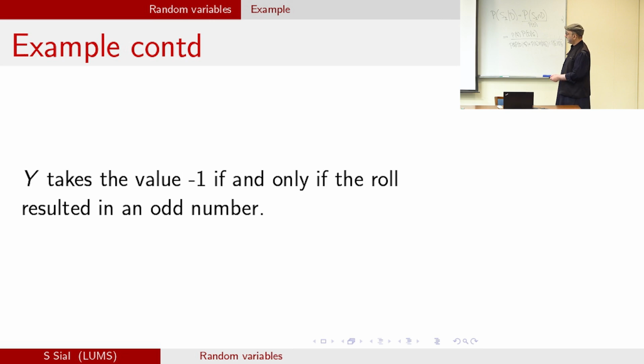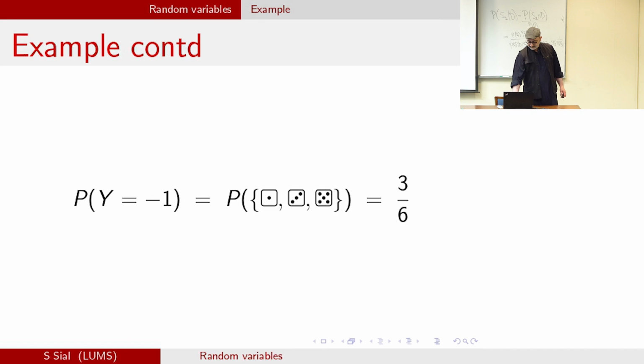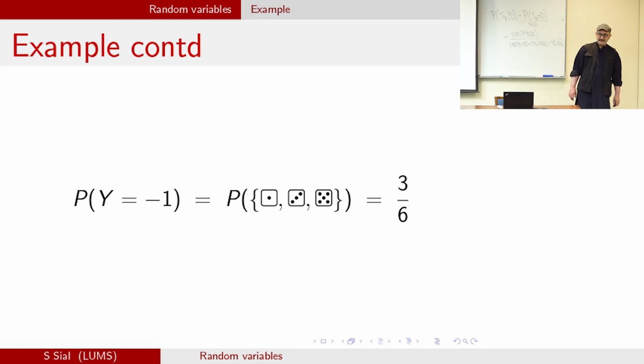So Y takes the value -1 if and only if the roll resulted in an odd number. The probability can be given by this. The probability that Y takes the value -1 is the same as the probability of this event, and the probability of that event is 3 outcomes, equal probabilities, out of 6 outcomes, so 3 out of 6.